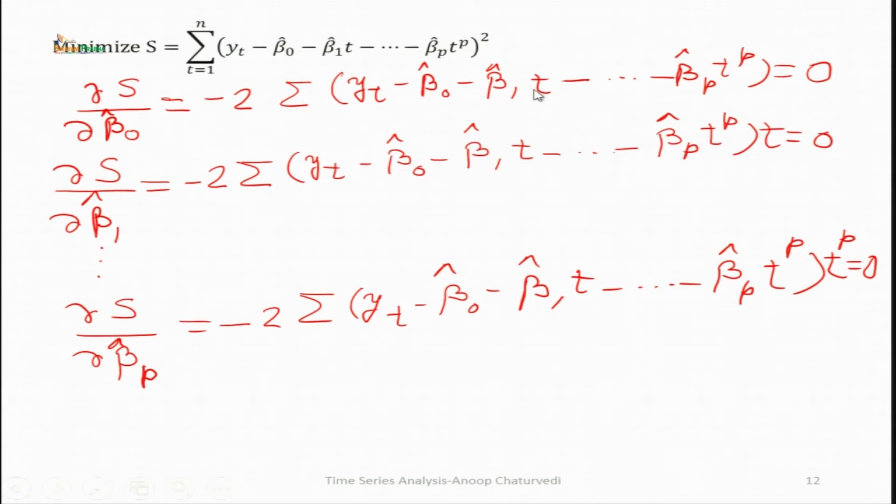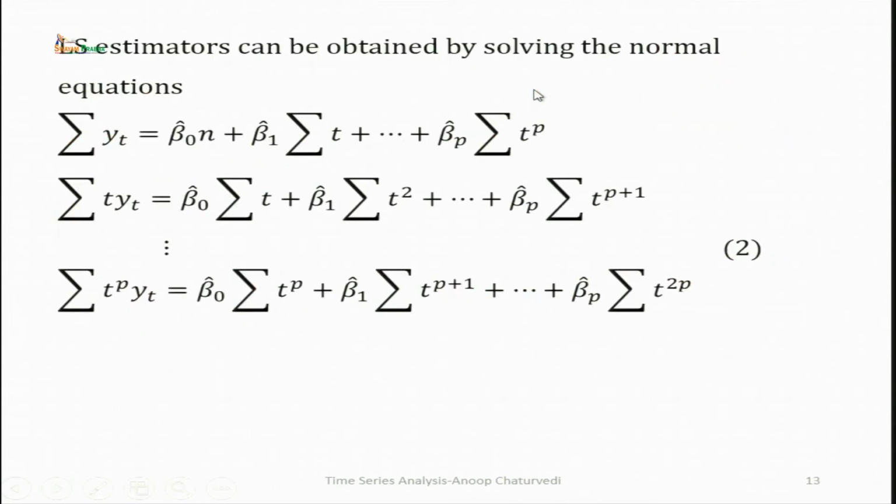So, finally, you get these equations. These equations are called the normal equations, and for obtaining the values of beta naught hat, beta 1 hat, so on beta p hat, you have to solve these p equations. Sorry, actually p plus 1 equations are there.